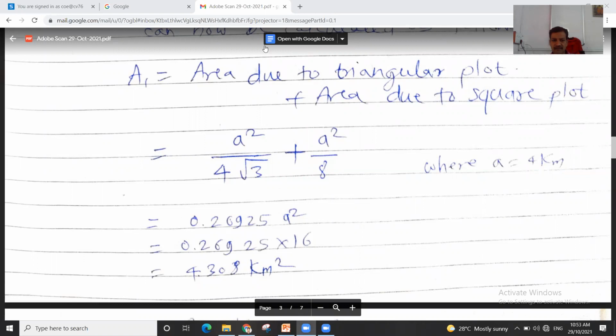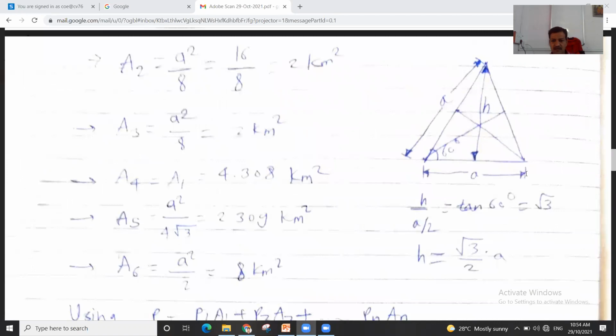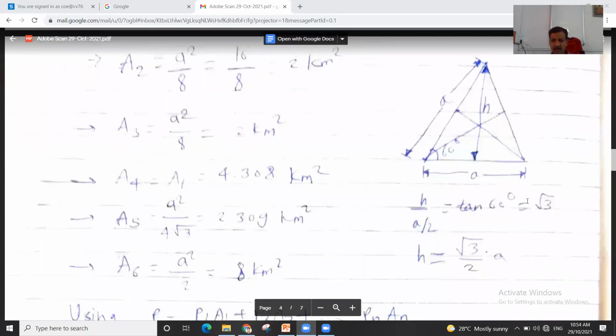समजलं इथपर्यंत? तर हे tan rule इथे अप्लाय केलं होतं. तर h is the height. ही height काढण्यासाठी area of this triangular plot. तर त्यासाठी tan 60. अँगल किती असतो tan 60. tan 60 केल्यावर काय, front side by adjacent side.